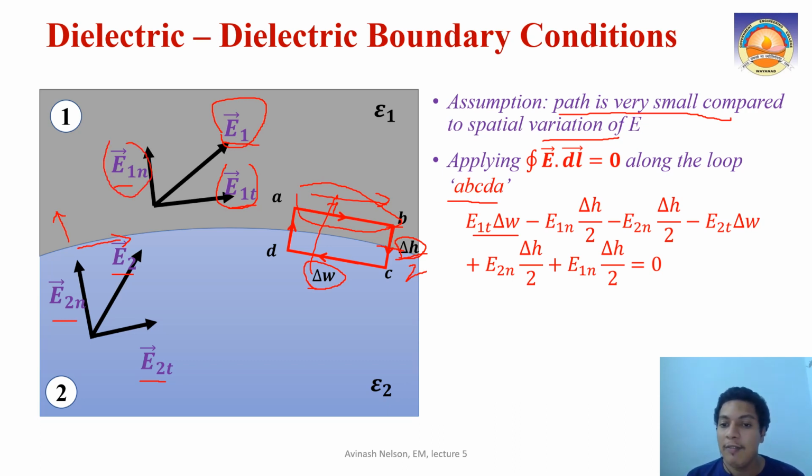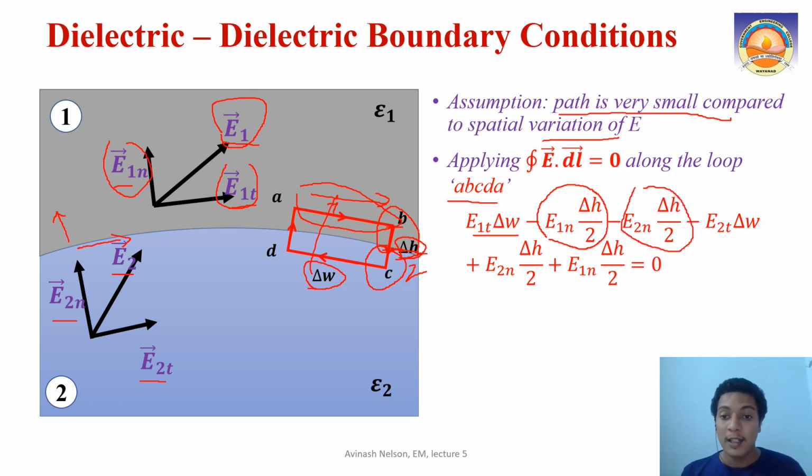So E1n into delta S by 2 will be the dot product from B to the boundary. And after the boundary, from the boundary to C, it is E2n, because here the field is E2n, the normal component. E2n into delta S by 2 will be your normal component.